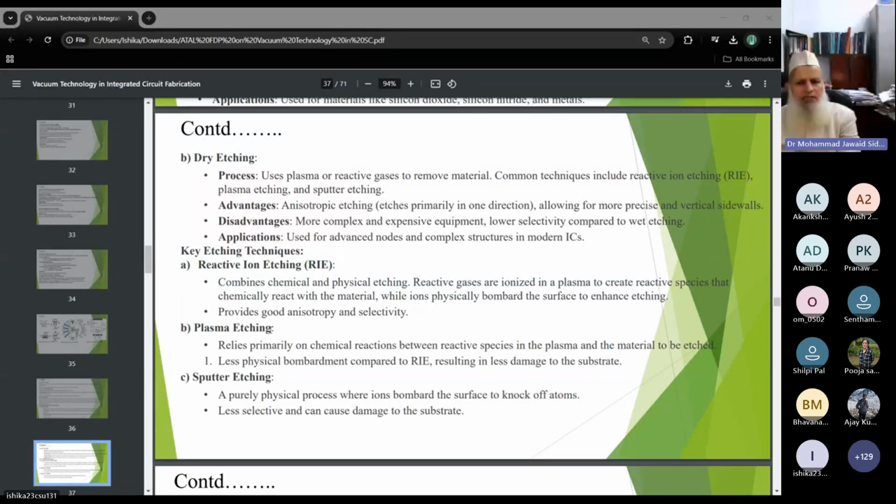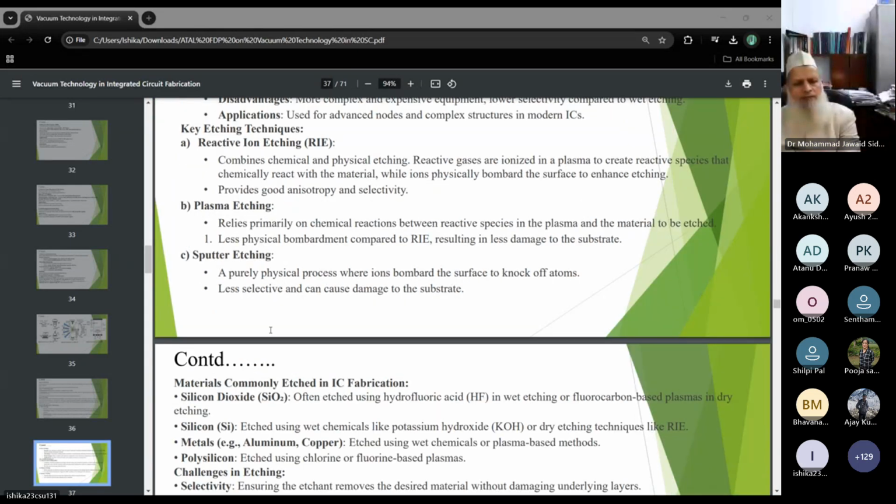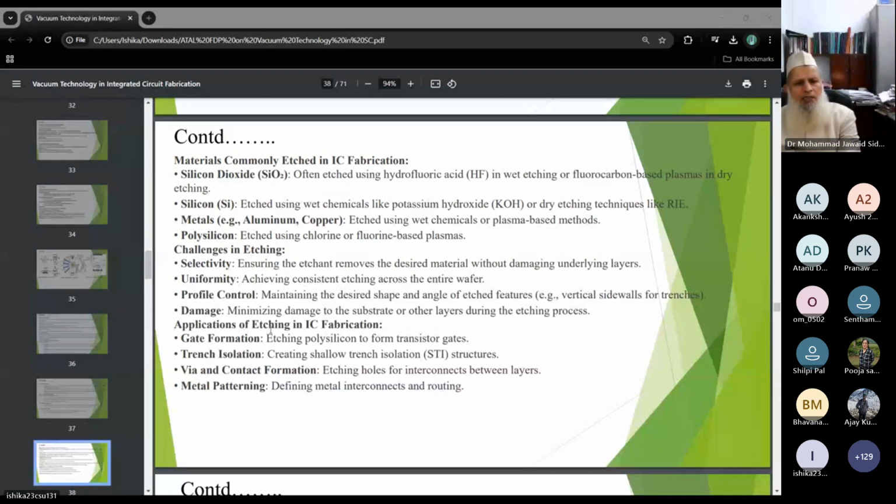Disadvantage: more complex and expensive equipment is needed, and selectivity is lower compared to wet etching. Application: used for advanced nodes and complex structures in modern ICs. Key etching techniques: reactive ion etching, which combines chemical and physical etching, plasma etching, sputter etching. Yes, please go to the next.